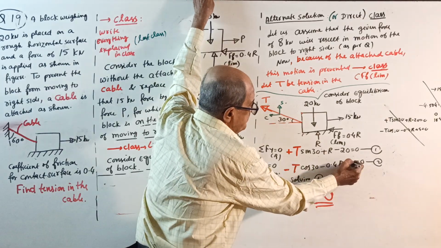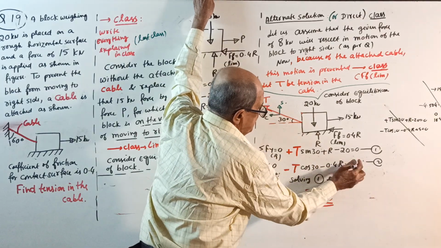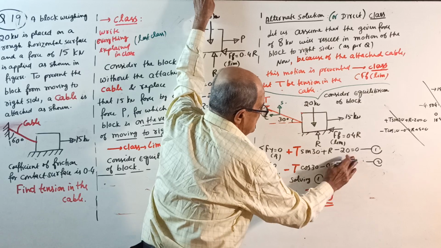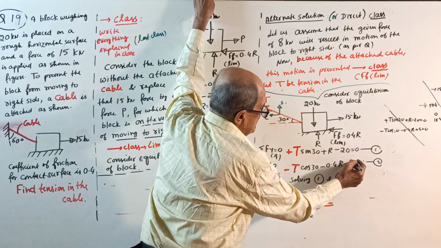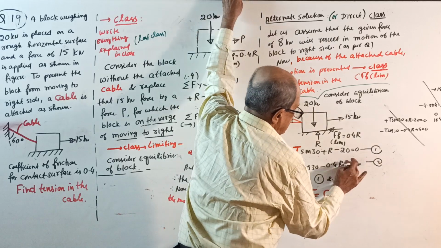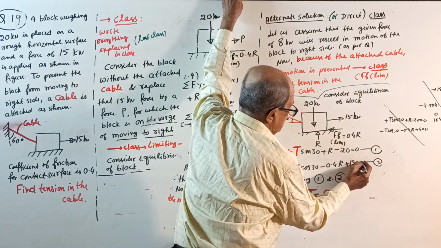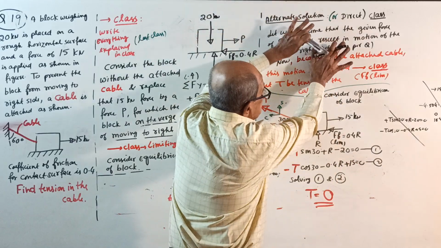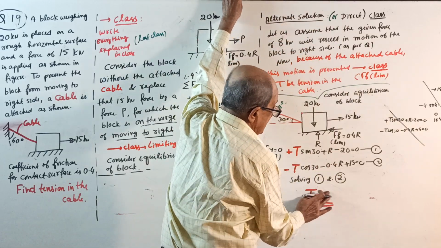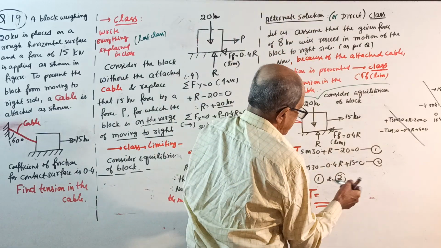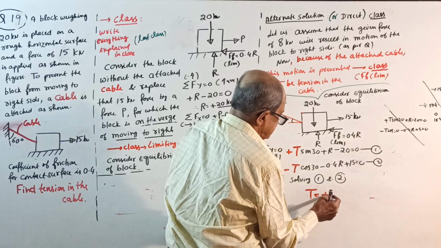This 8 will become 15 here. Plus 15 equal to 0. Don't see that side. Solving, your T will come 10.510. I already solved it there.